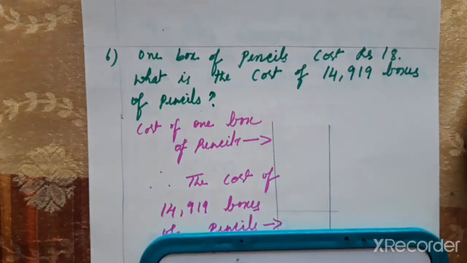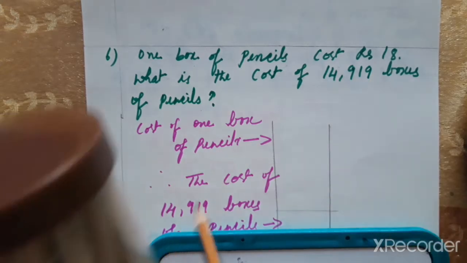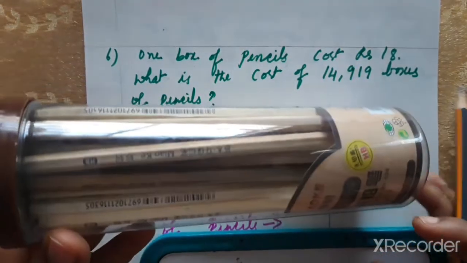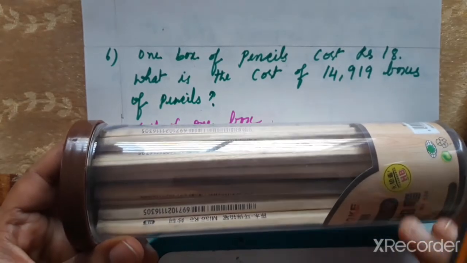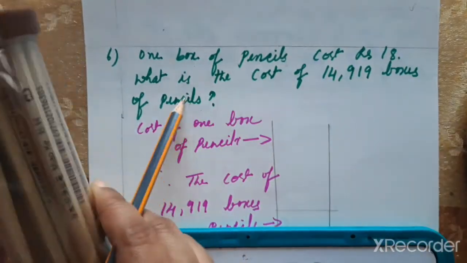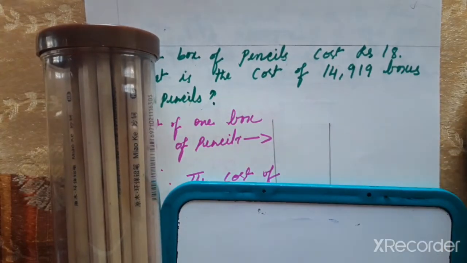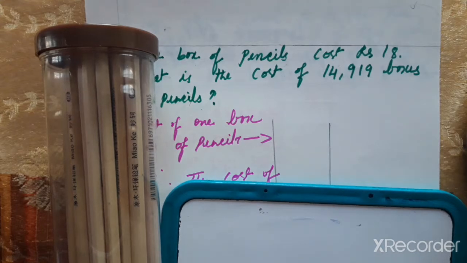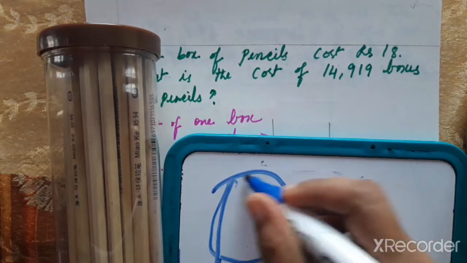So now here, children, one box of pencils costs rupees 18. For example, this is one box of pencils here. We don't know how many pencils are here. So this one box of pencils costs 18. We have 14,919 such boxes.